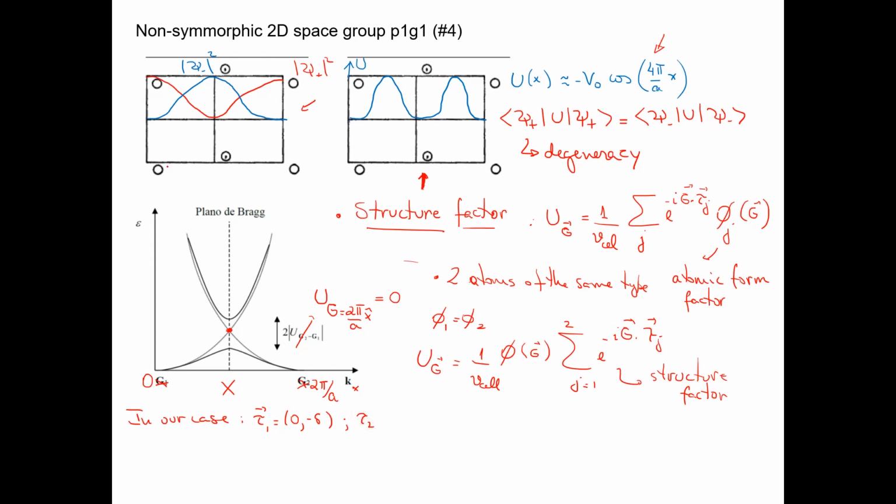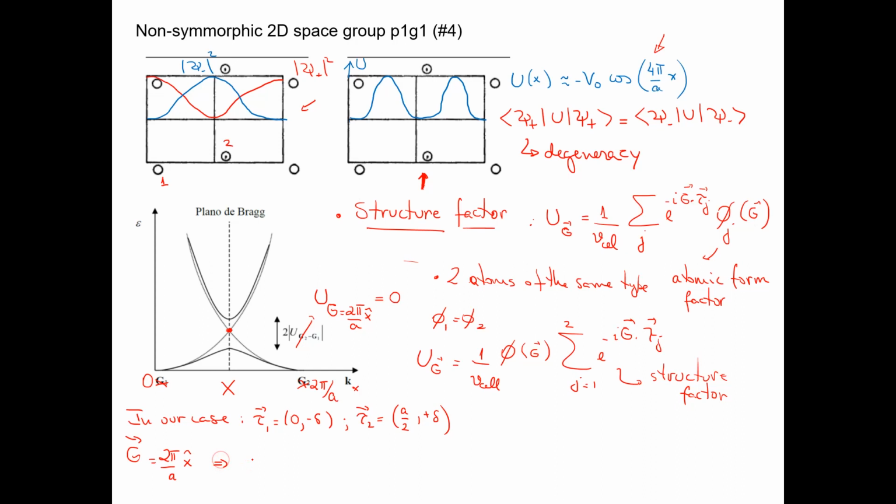This is atom number 1, this is atom number 2, and the other atom is at a over 2 along x and plus delta along y, right? So for G equals 2 pi over a x, which is the G we need to consider in this case, let's calculate the structure factor.